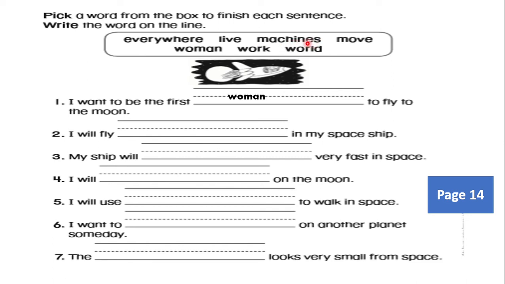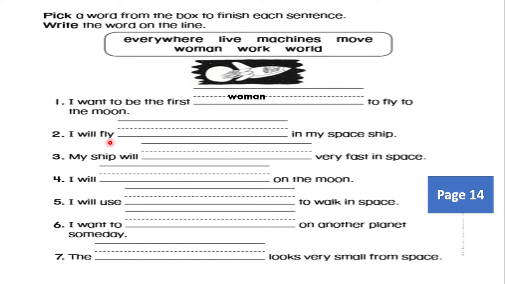Machines? Doesn't fit. Move? Woman. Woman is the right word. It also depends on the part of speech. That's why I'm telling you it's important to know the part of speech of each word. Next to each word there is a part of speech, whether it's a verb, noun, adverb. Remember to memorize them. Write everything in your copybooks.